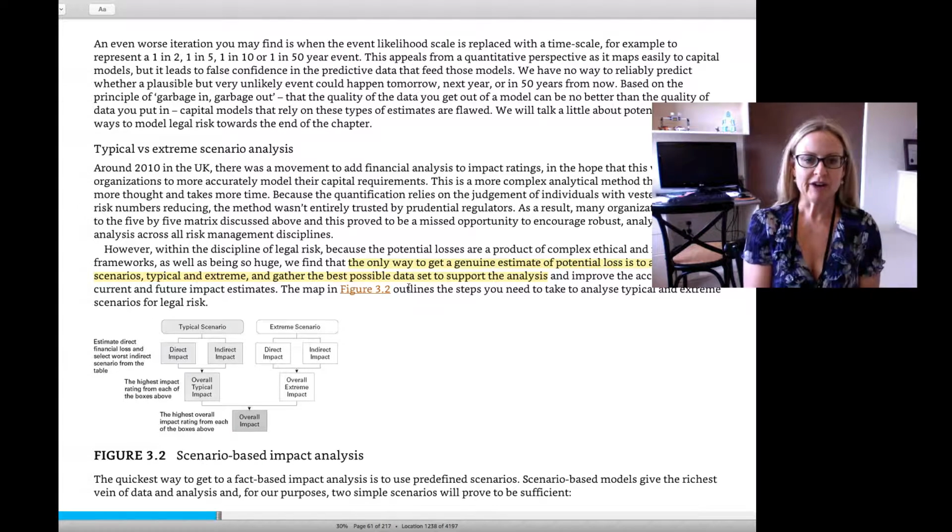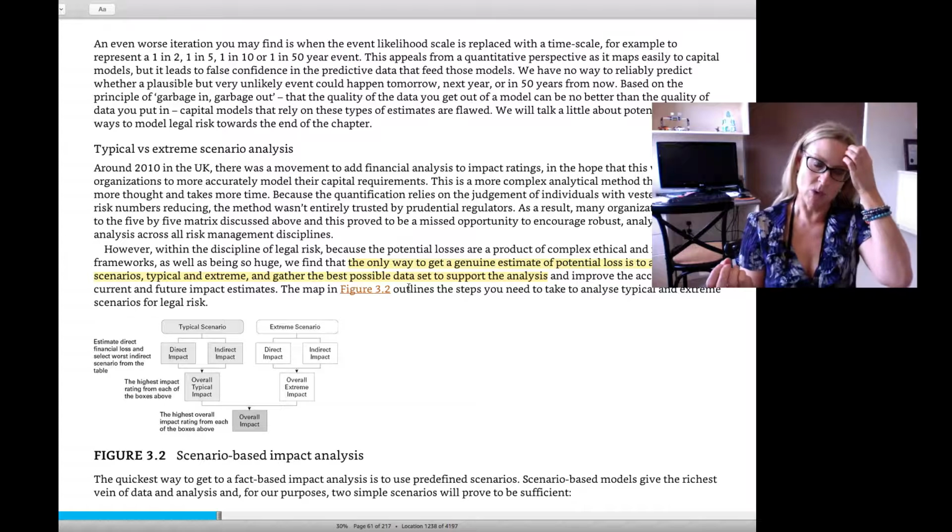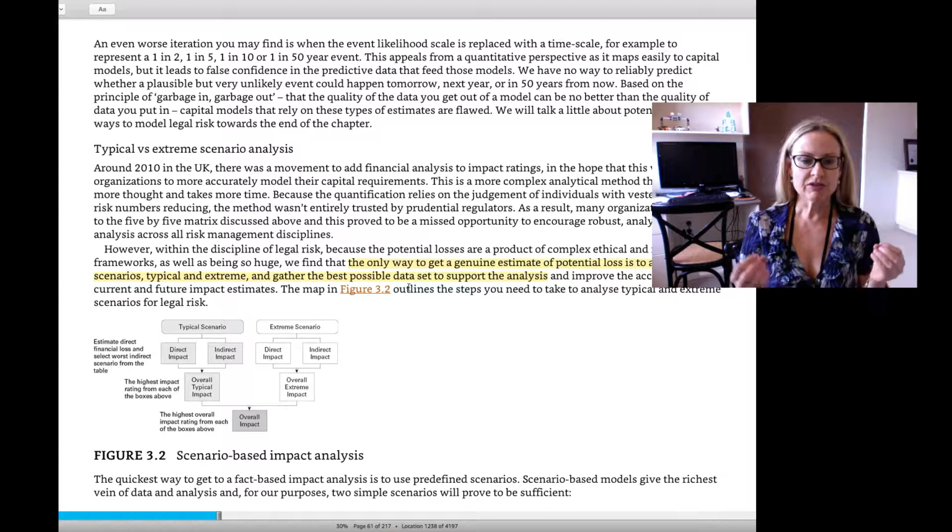With the typical scenario, you're looking at a direct impact assessment and an indirect impact assessment. Direct financial loss and indirect, more reputational kind of loss. The highest rating for each is then assigned to that particular typical scenario, and then you look at your extreme side of things.